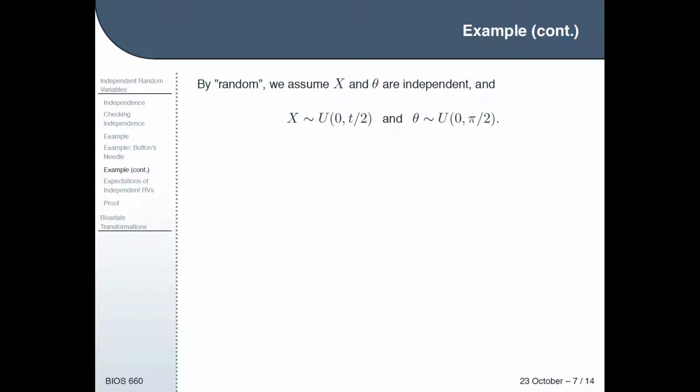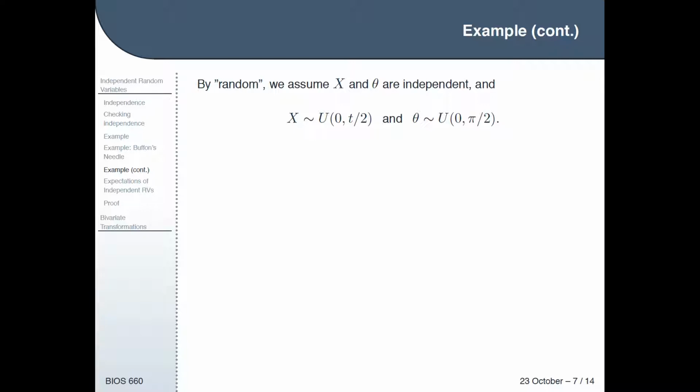So we're going to assume that x and theta are independent. You just throw this needle on the board, and the distance between the center of the needle and the line is just uniform between 0 and t over 2. We're defining x to be the distance between the needle and the closest line.